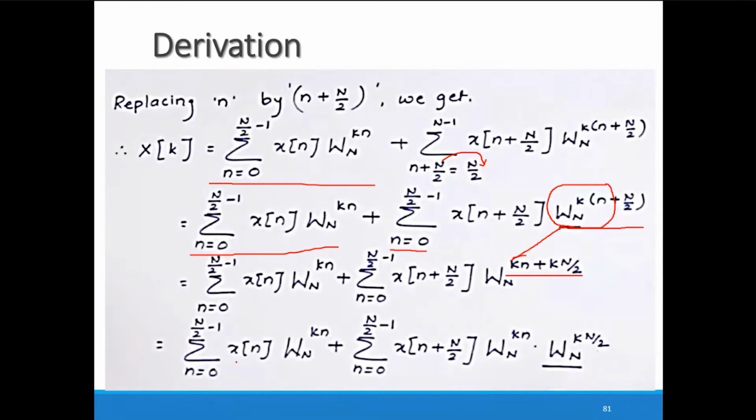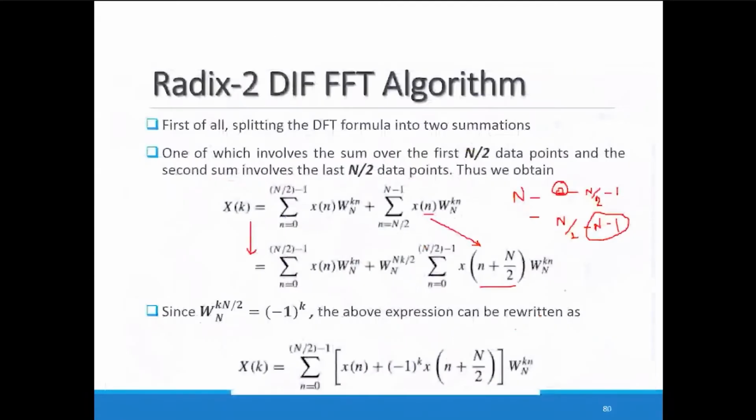So again we are doing the expansion of this and writing this notation separately. The first term is omega N raised to kn into omega N raised to kN by 2. All of you clear up to this simplification? Because in your book you are getting this direct answer, so better you note this down.